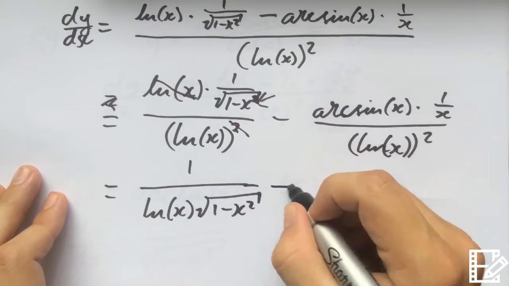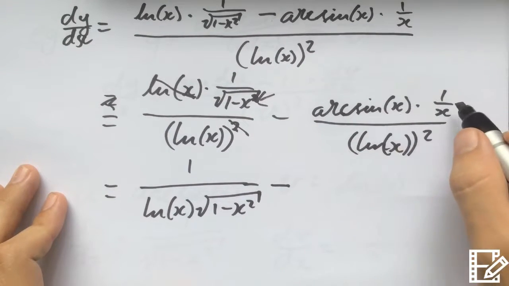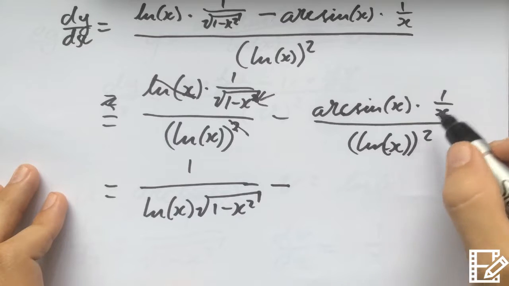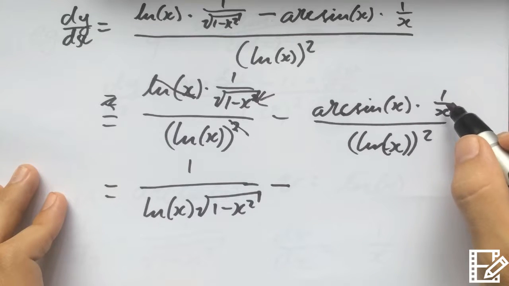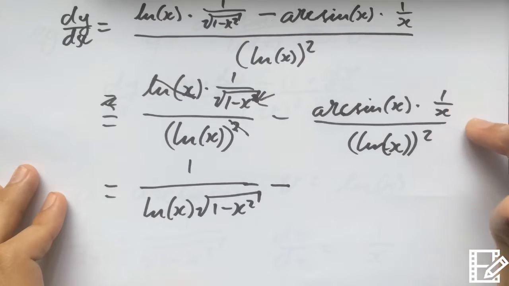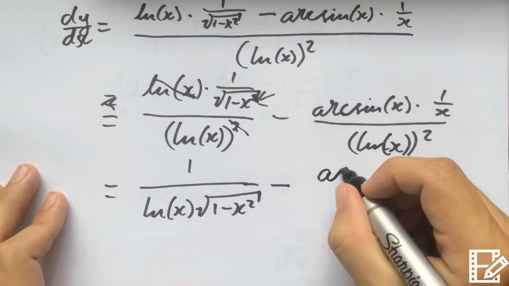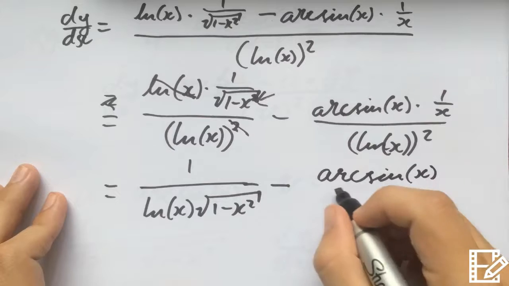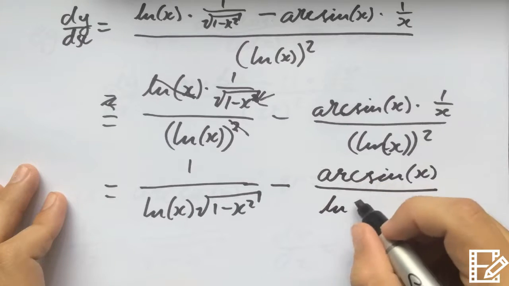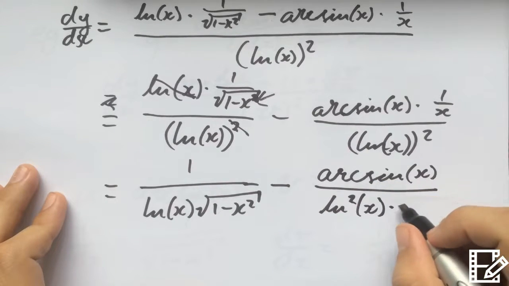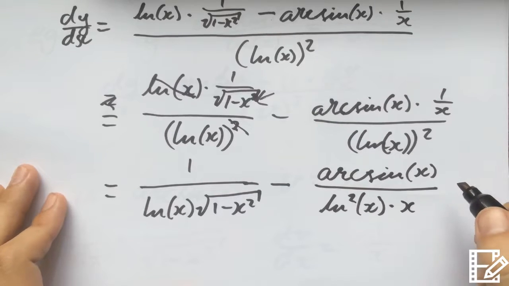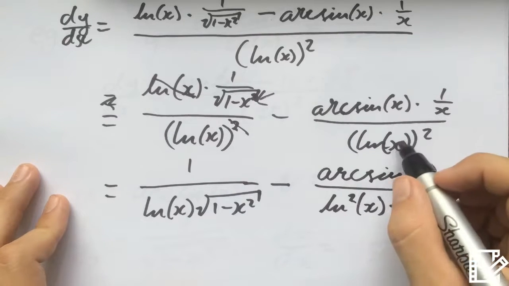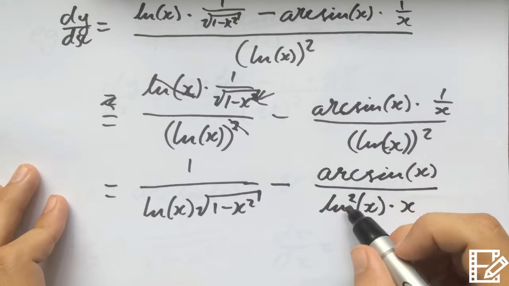Okay, subtract. Now we're going to do that with this, because we can't eliminate anything here, but we can bring this 1 over x, we can bring that x to the bottom. Arc sine x all over ln squared of x multiplied by x. I just rewrote this ln of x squared as ln squared of x.